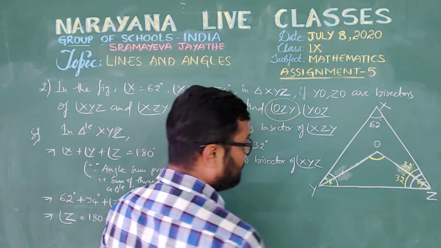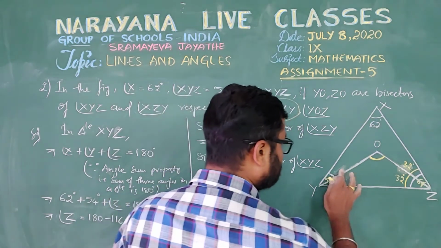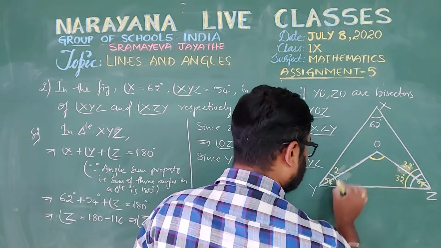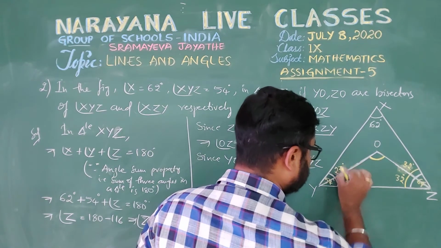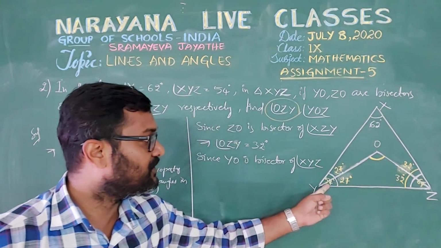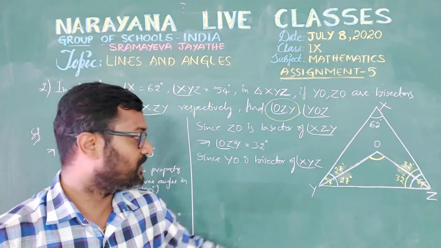Then this will be 27, and this will be 27 degrees, isn't it? So 27 plus 27 is equal to 54 degrees.